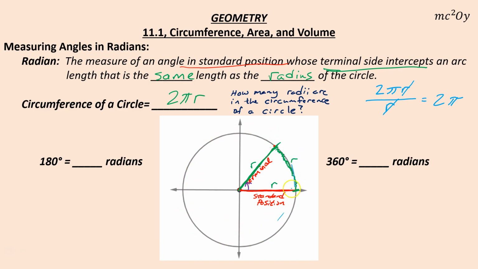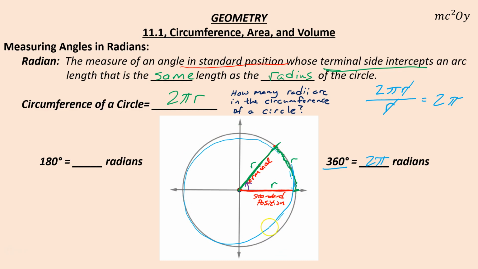Which means in 360 degrees, because that is an entire circle, there are 2 pi radians, or 2 pi radiuses. Okay, so just over, well, pi is 3.14, so 2 times 3.14 is 6.28-ish. So there are just over 6 radiuses that will fit along the outer edge of any circle.